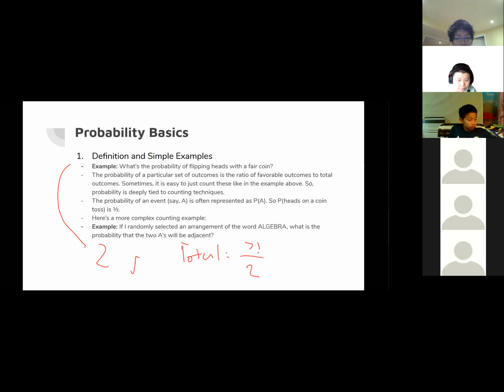The question is: if I randomly select an arrangement of the word algebra, which means I randomly order the letters, what's the probability that the two A's are going to be adjacent, right next to each other? So the total number is 7 factorial divided by 2, because you have 7 things to order and you have to divide by 2 since they're the same.